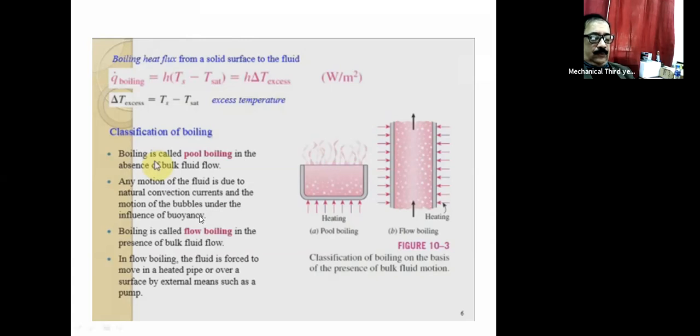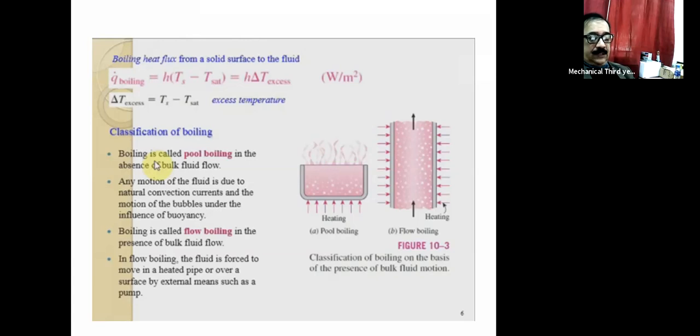We know that when we heat, there is agitation between the particles of the water.